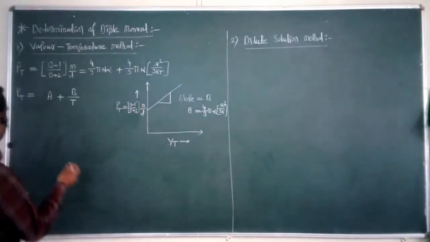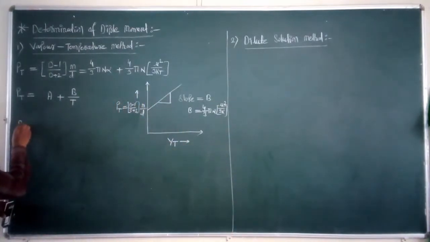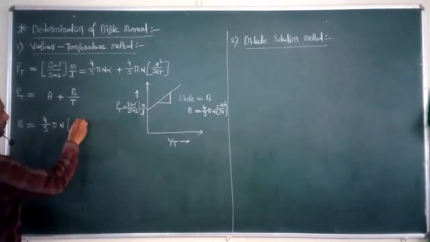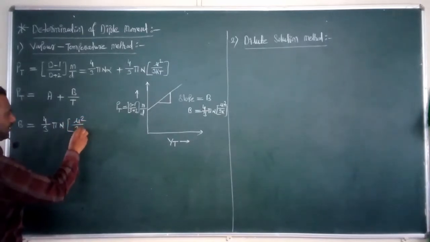Once we get this value from the slope, B is equal to 4 by 3 pi n into mu square upon 3k.